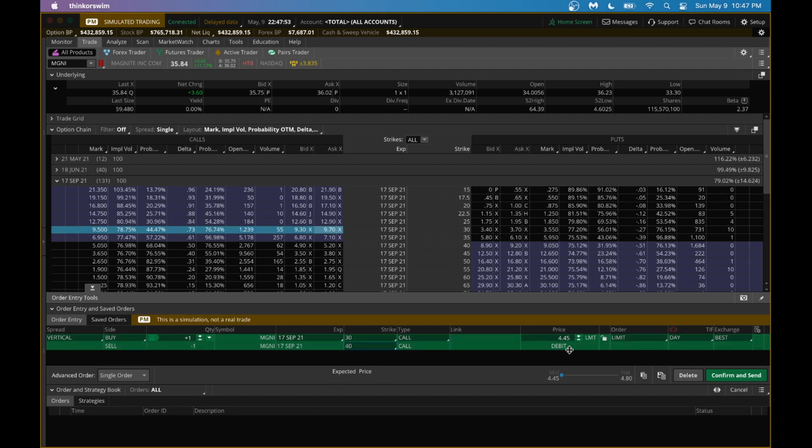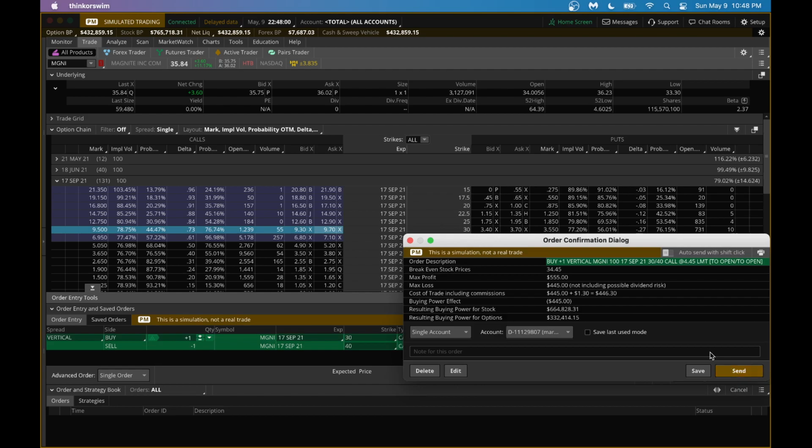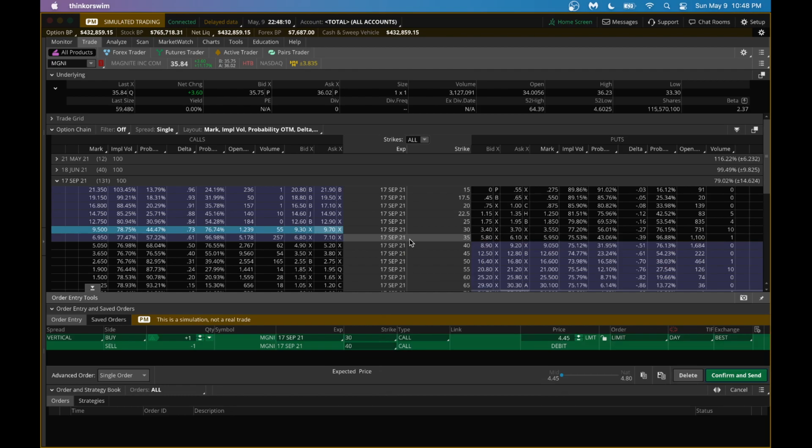So remaining, $5.55 is your profit potential. You're more than doubling your money here. If I confirm and send, you're paying $4.45, you're making $5.55. So that's a good risk reward ratio. You could take this one. And I think because they're at 35, that's the best strategy here.